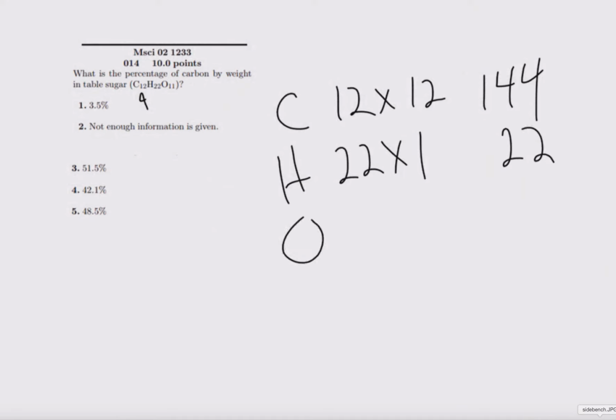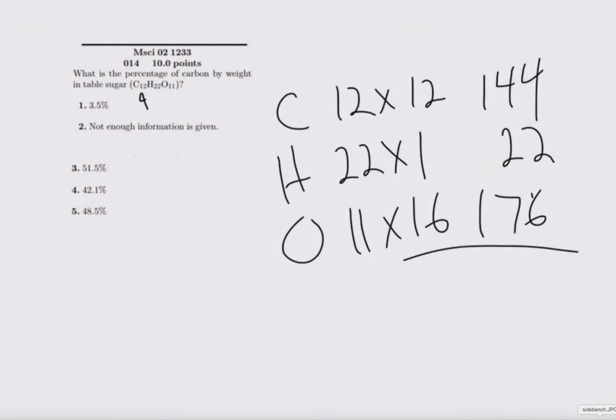And then we have the oxygen, which is 11 times 16, which is 176. So the total mass of the compound, 176 plus 144 plus 22, is 342.